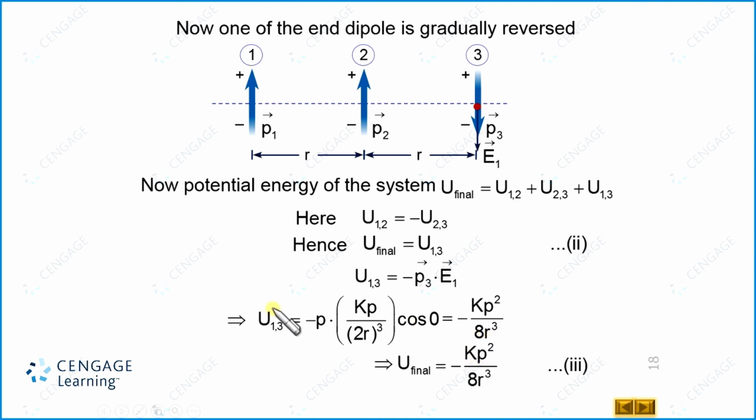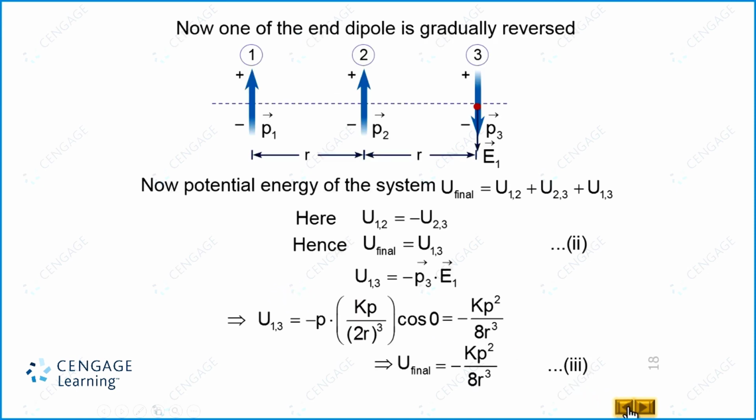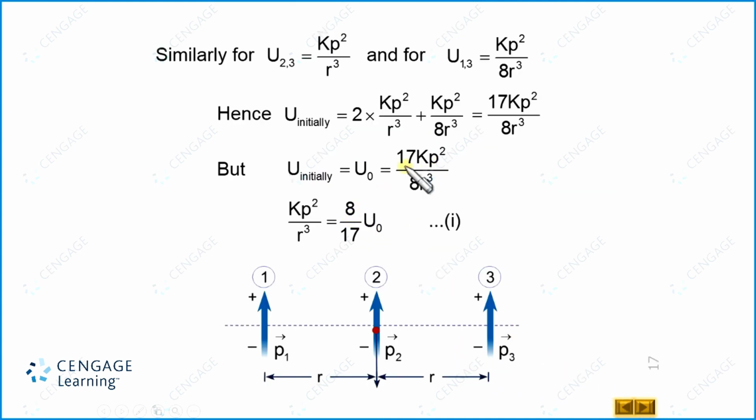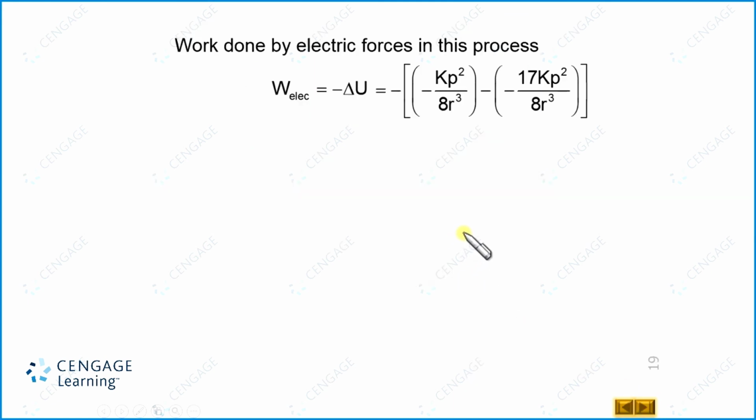Now we can write the work done by the electric force equal to minus of the change in potential energy, and we know the potential energy change is equal to U final minus U initial. We know the value of U final, this one, and U initial was this one. So let us write U final minus U initial. Now we can simplify.